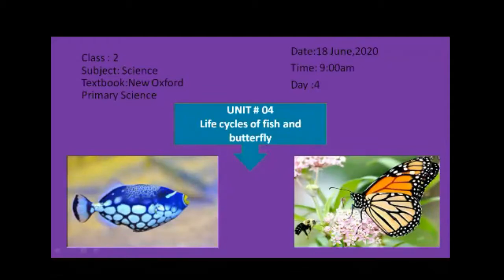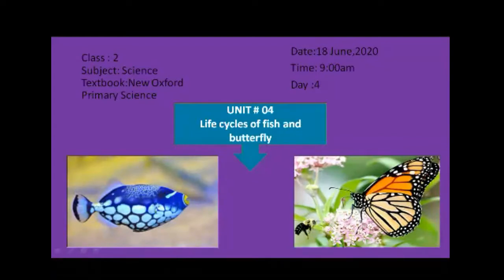Okay, beta? So, let's start. Yesterday we started unit number 4, life cycles. Let's have a quick review of yesterday's lesson. All animals have a life cycle, including human beings. A life cycle shows how an animal makes copies of themselves by having babies.